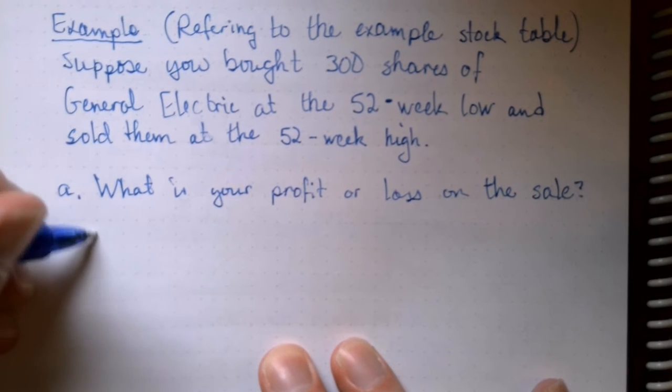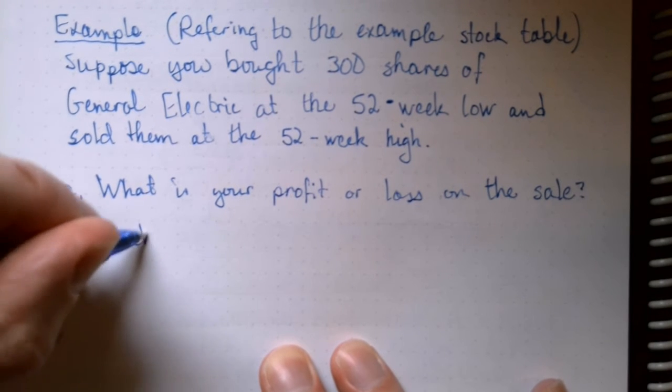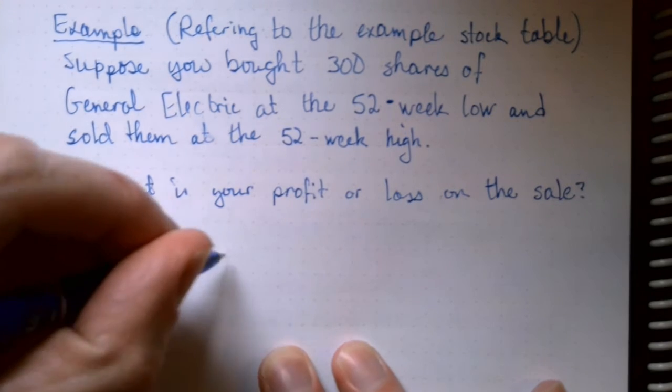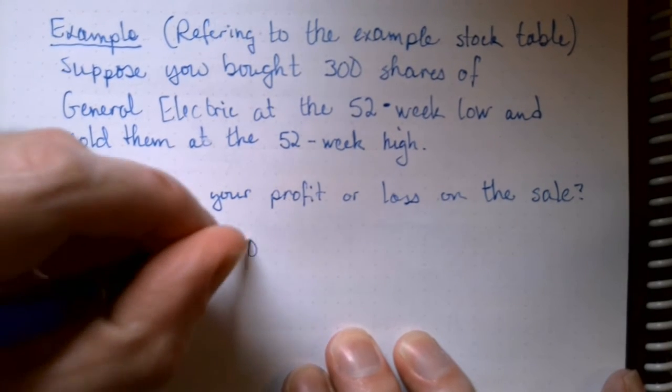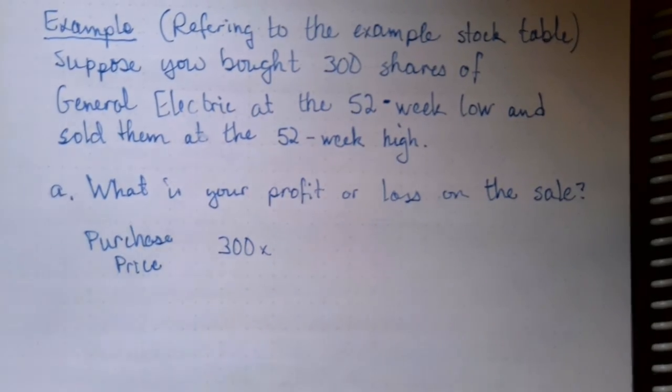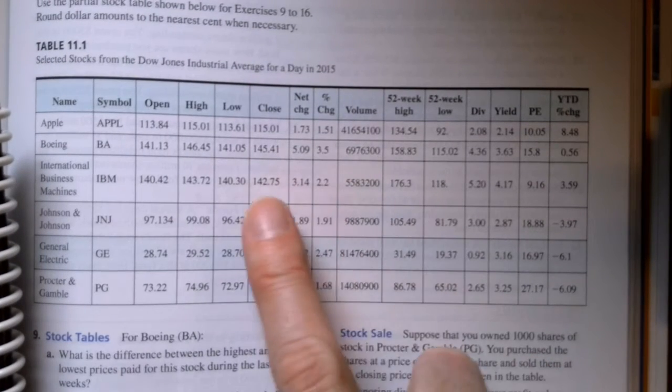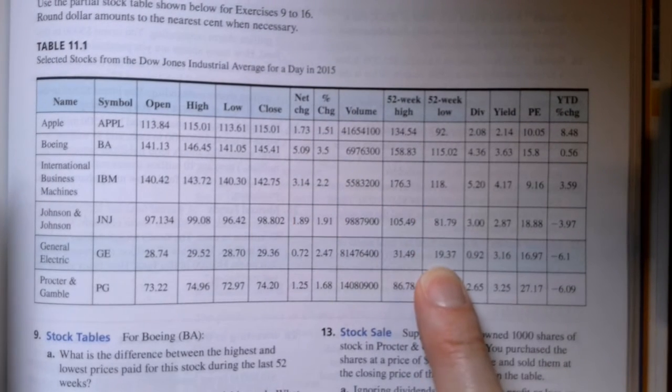So here's what we have to look at. We have to look at how much money you spent. What was the purchase price? Well, you bought 300 shares. Now let's look at how much that cost you. You bought 300 shares at the 52-week low. The 52-week low for GE was $19.37.